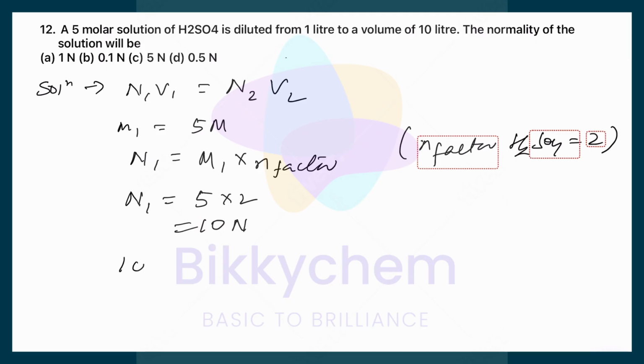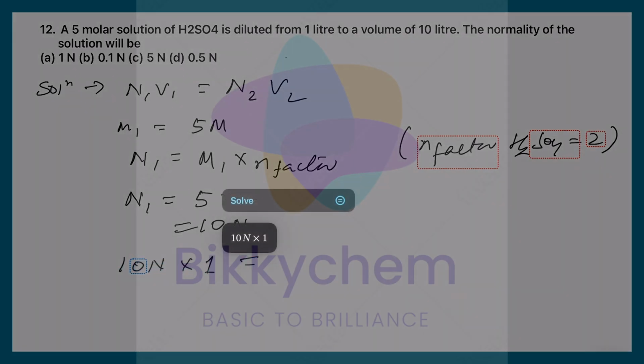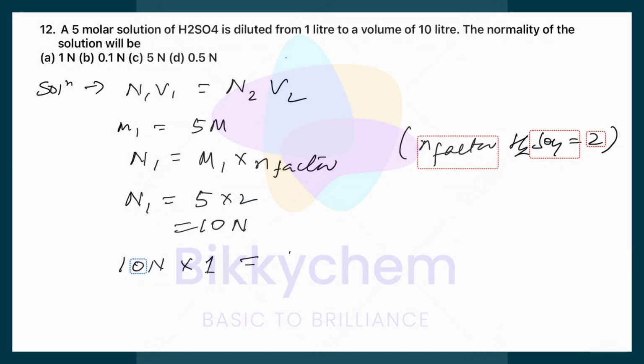So 10N into 1 is equals to N2 into 10. So this 10 cancels, 1N. So the option is option A.